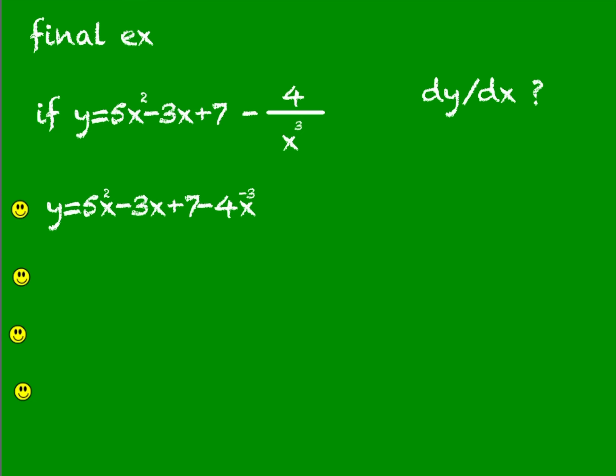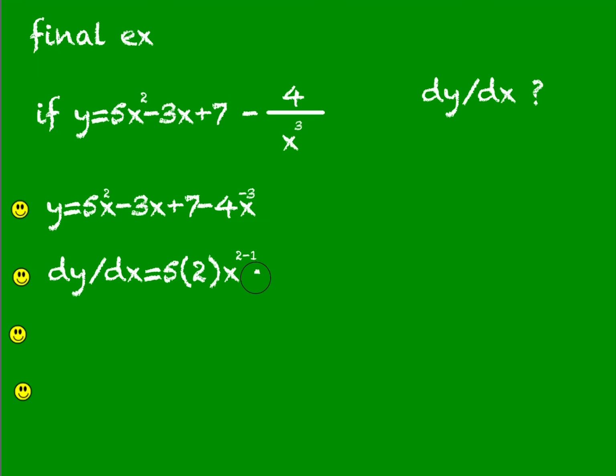Okay? Then, dy over dx. Take the derivative. Don't forget, every time we need to change the notation. Don't leave y as a y. dy over dx equals 5 times 2 comes down and x to the power of 2 minus 1.